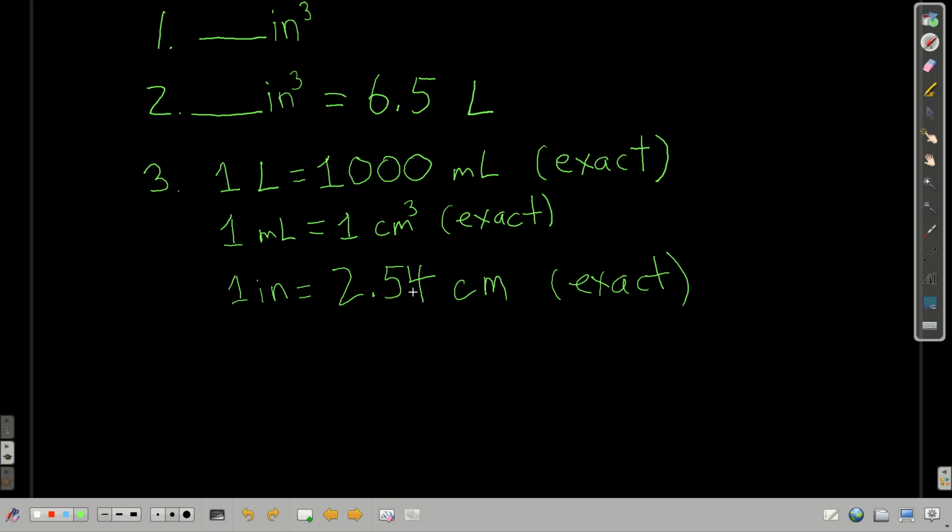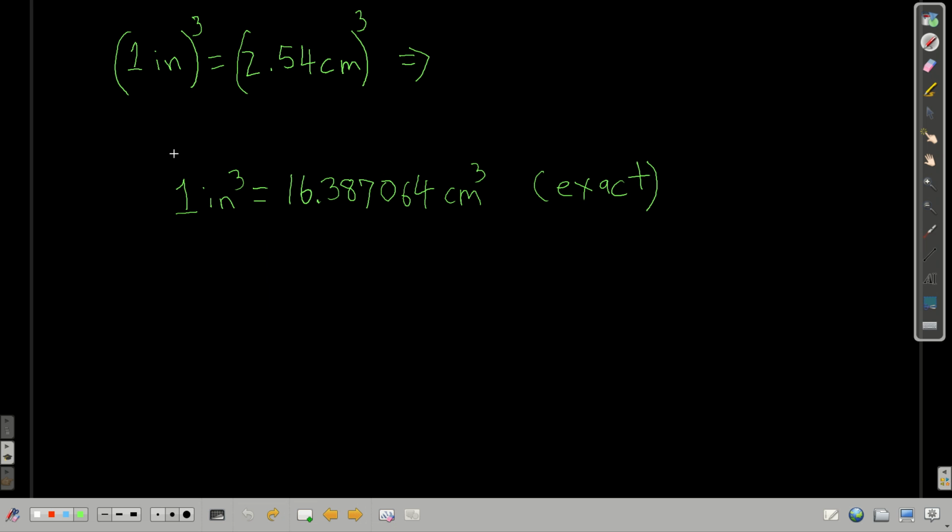All right, so this is not the relationship though, but it's close. Here's what we do. If we know a relationship that looks like 1 inch is equal to 2.54 centimeters, to get the cubes, all we do is cube both sides. Thing to be careful about is make sure you cube both the number and the units. So when we cube 1 inch, 1 cubed is 1.